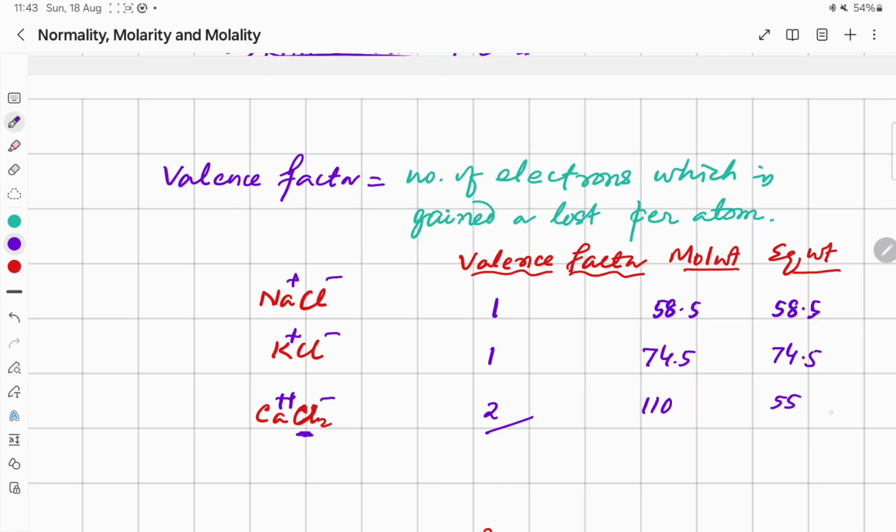So for equivalent weight calculation, molecular weight by the valence factor, so equivalent weight of sodium chloride will be equal to the molecular weight, equivalent weight of potassium chloride will be equal to the molecular weight, whereas equivalent weight of calcium chloride will be molecular weight divided by 2, and that is 110 by 2 is 55.